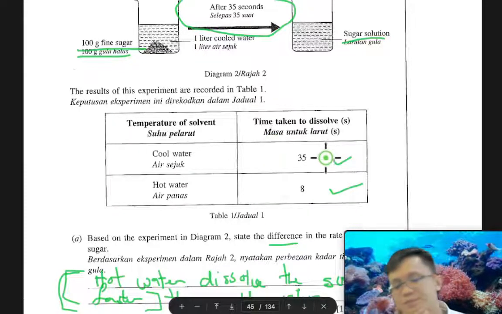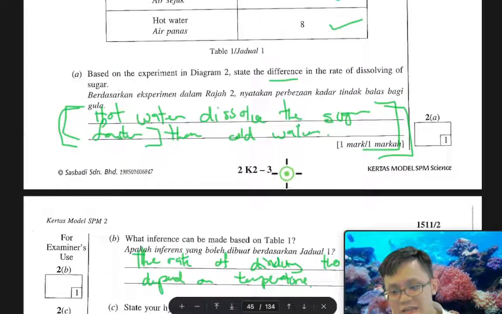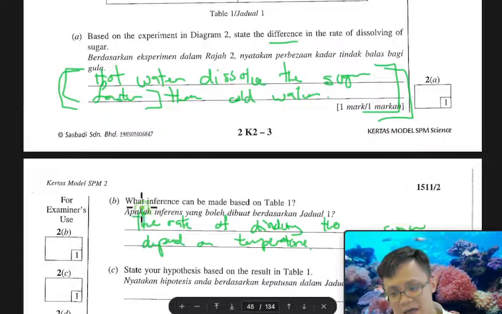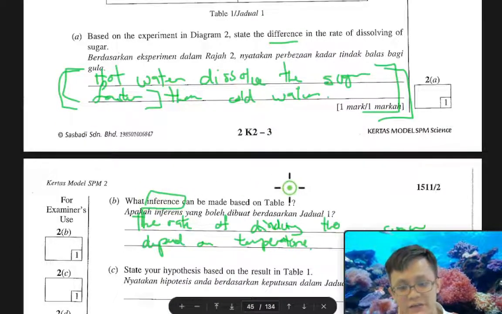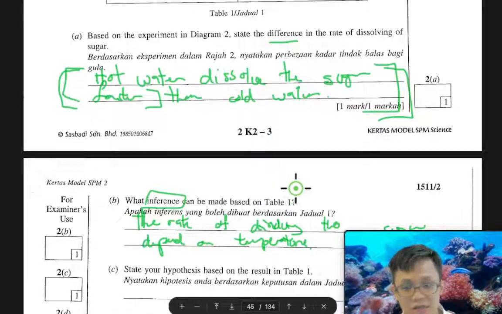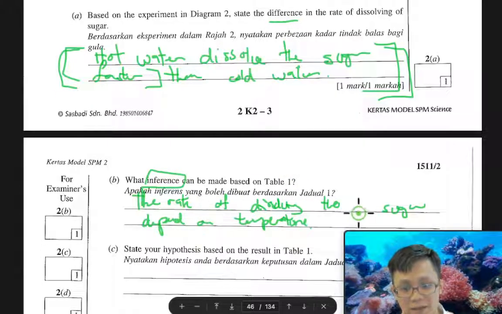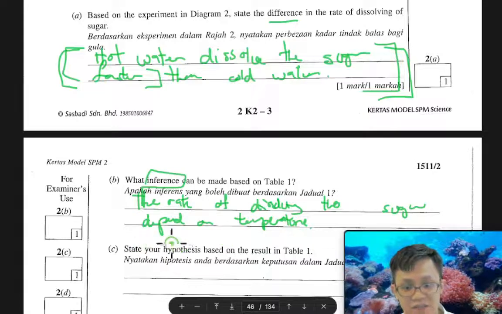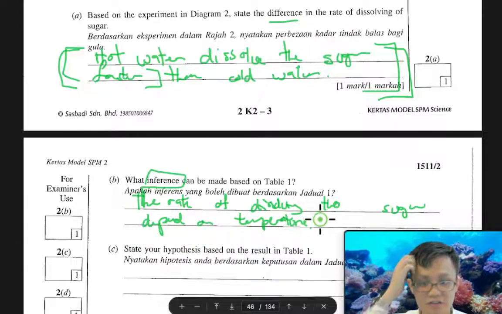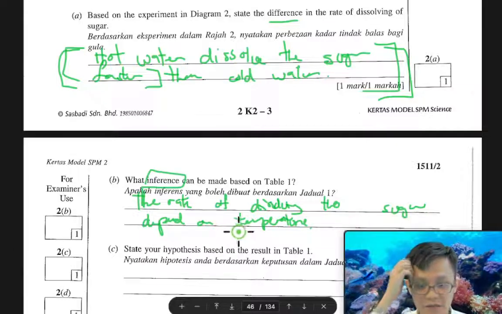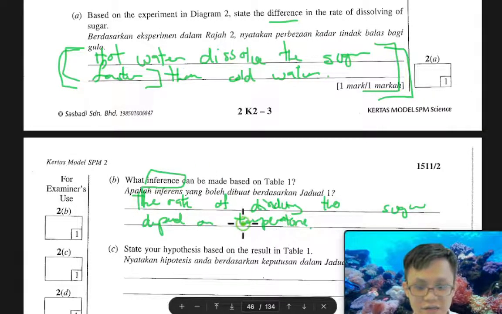And an inference is something that you found throughout the experiment that you haven't tested yet. The rate of dissolving sugar depends on the temperature. This one is more specific, so this is not the hypothesis.